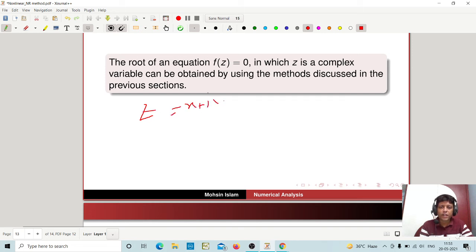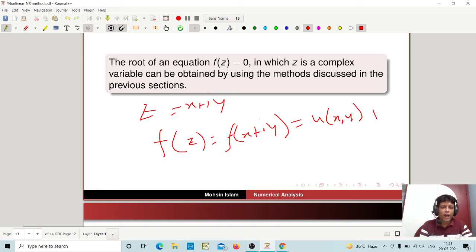So f of x plus iy is equal to u(x,y), that is the real part, plus i v(x,y), that is the imaginary part. u(x,y) and v(x,y) are both functions of x and y, and both are real numbers.